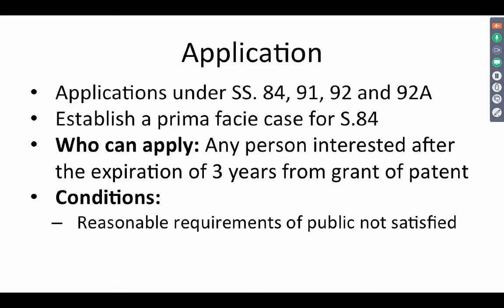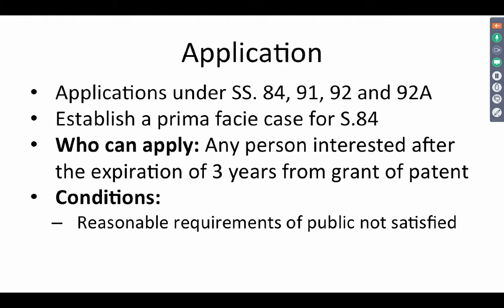These are the conditions for section 84; 91, 92 and 92A have different conditions, so we are just mentioning the conditions for 84. The conditions are: one, the reasonable requirements of the public are not satisfied.